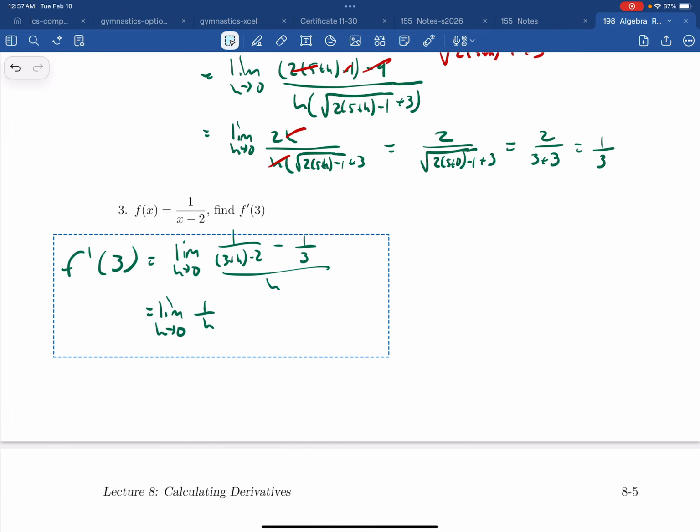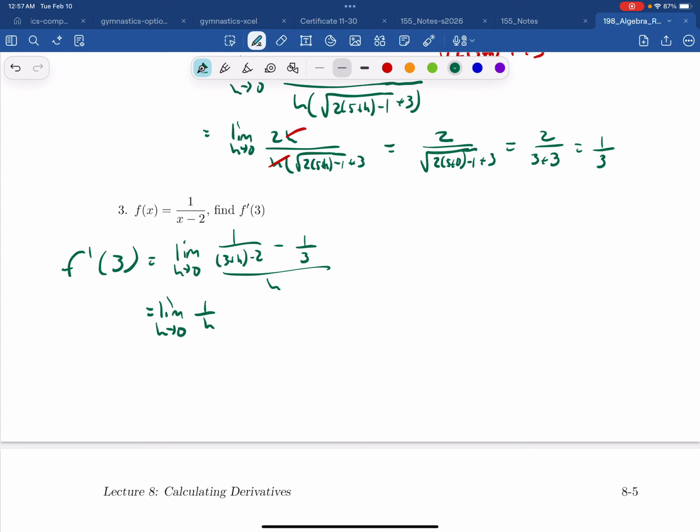Sorry, this is 1 over 3 minus 2. Forget about that. 1 over 1 plus h minus 1. Okay? So what we're going to do is multiply this by 1 plus h over 1 plus h.